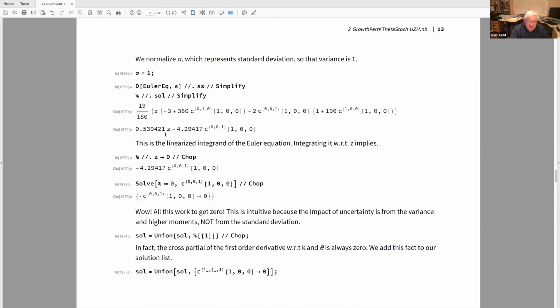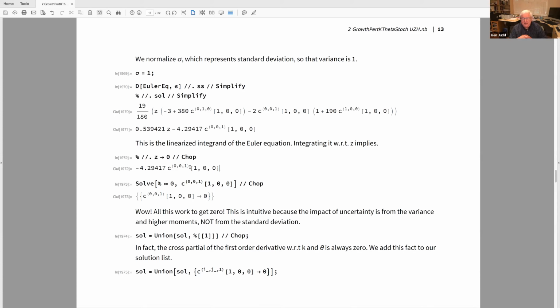Well, now, how do we take an expectation of this random variable z? Well, the expectation of z is 0. So we just replace z with 0. And we end up with this having to be equal to 0, which basically just says that this first order derivative with respect to epsilon is going to be 0. Now, that was a lot of work to get a trivial answer.